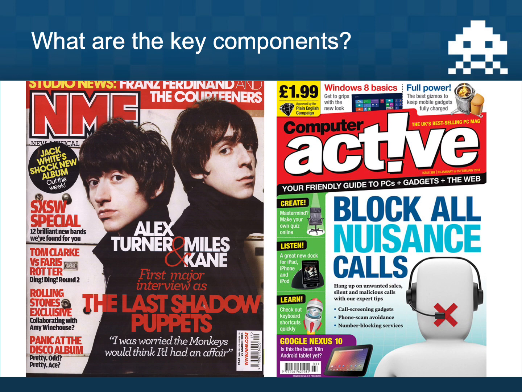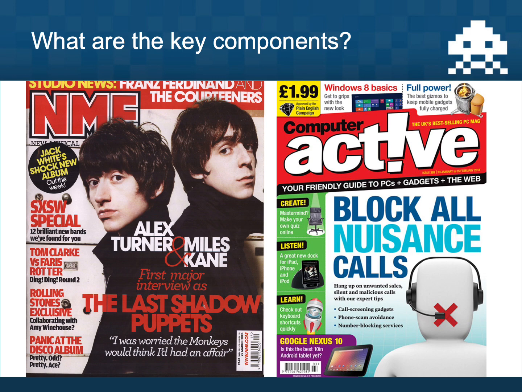So for me, both have got very clear logos and very clear titles. The Computer Active and the NME part both really stand out. Both of the front covers have a large image. We've got the Arctic Monkeys on one, and we've got the sort of computery robot on the other. We've then got a large title across the front which really shows what's happening.